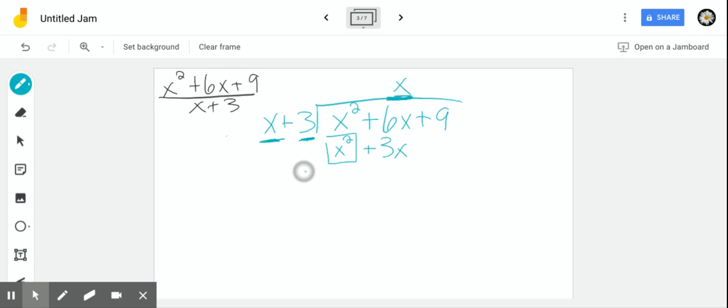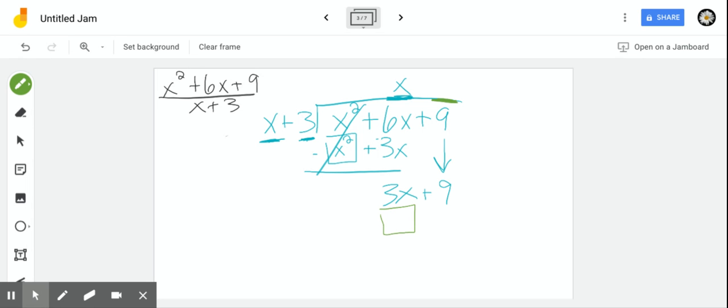It's time to subtract, so we'll draw the line and change the signs. x squared and negative x squared go away. I have 6x and negative 3x, which is 3x. And then we're going to drop the 9. Our next goal is to get a 3x here so that when we subtract, the 3x goes away.